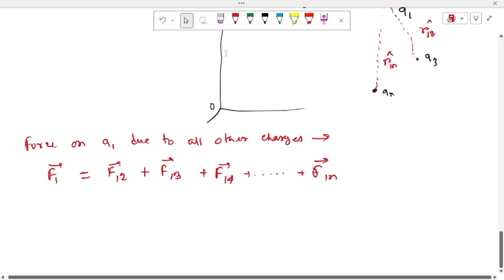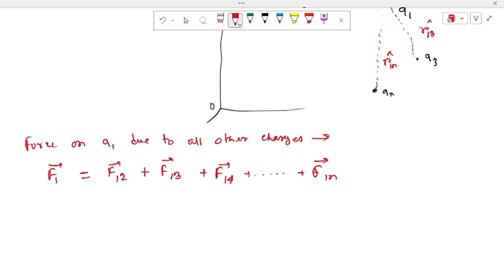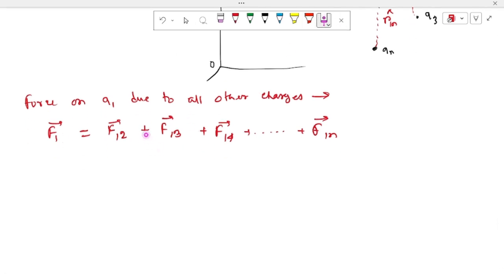So we'll calculate individually the expression of force due to 2 in 1. The force vector due to 2 in 1 we already know. The expression of force is equal to 1 by 4 pi epsilon naught, which we will consider as K, into Q1 Q2 by R12 square R12 cap, right?